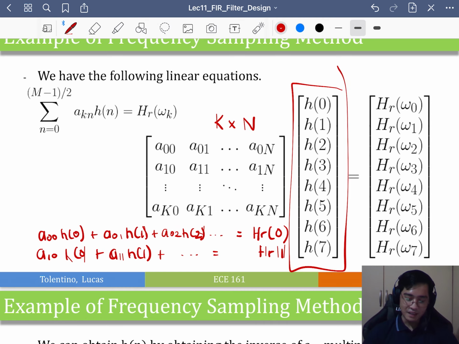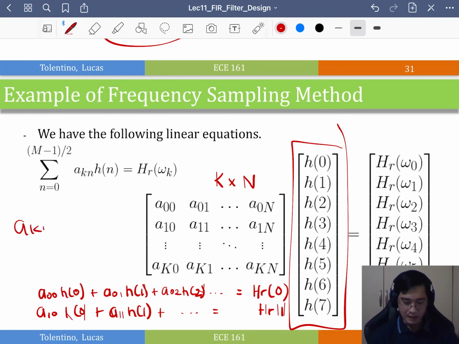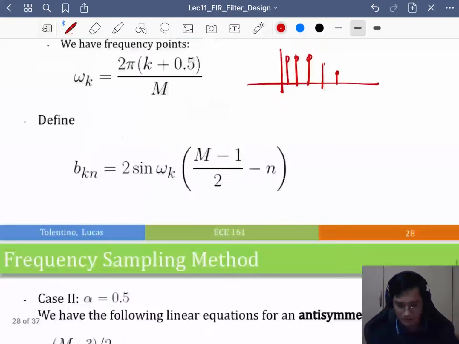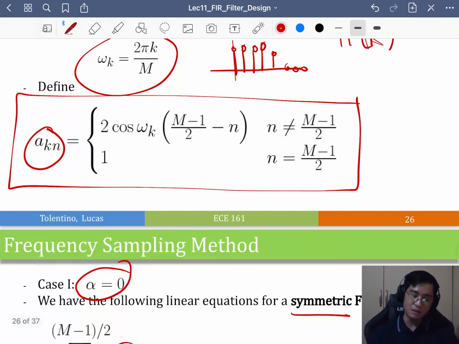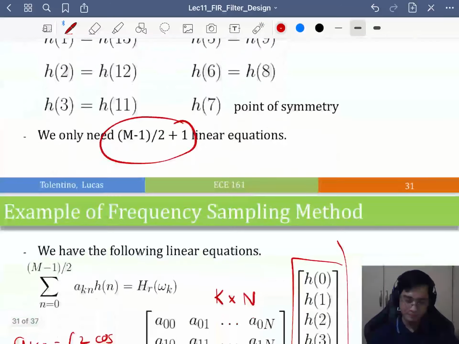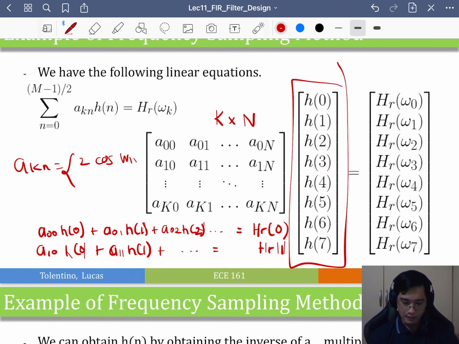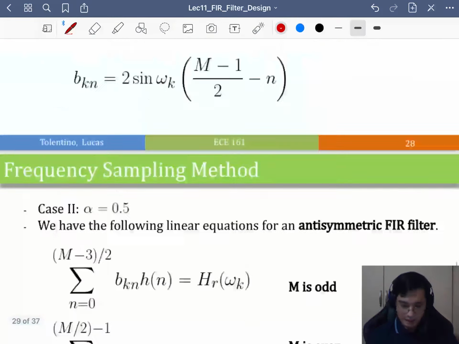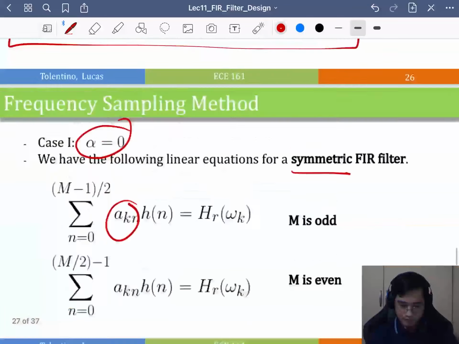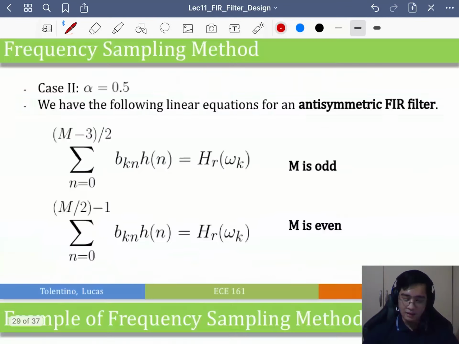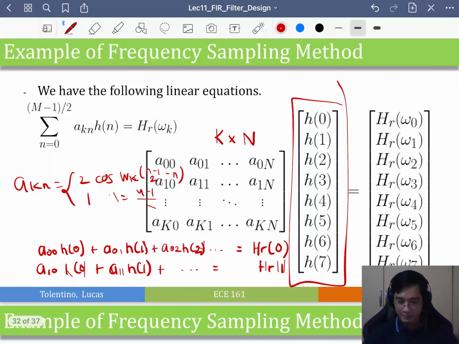When you set up this equation, we have these numbers here. Those numbers can be computed by the equation we have a while ago: 2 cosine of omega k times (M minus 1 over 2 minus n), do not memorize it, and then 1 at the center point. So anyway, we have an n by n matrix.